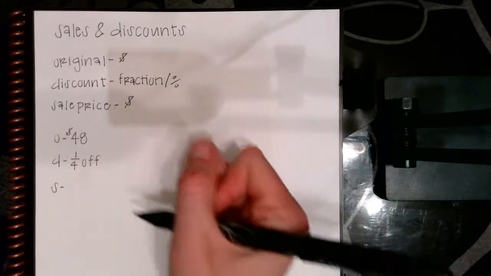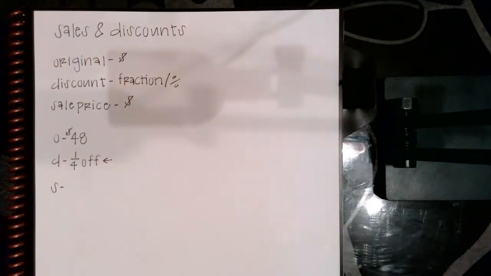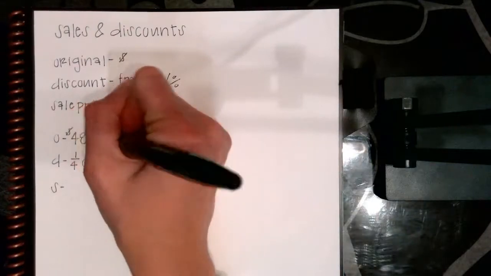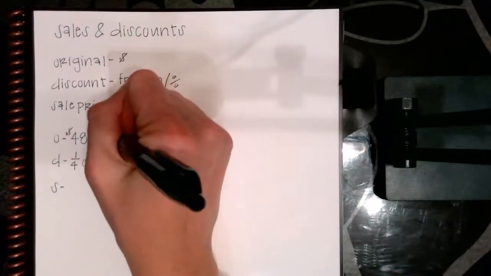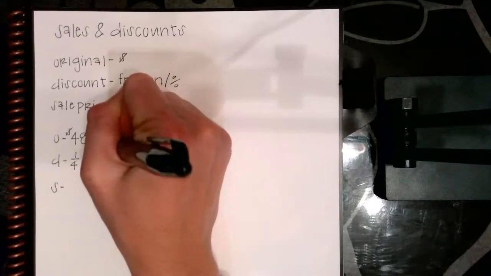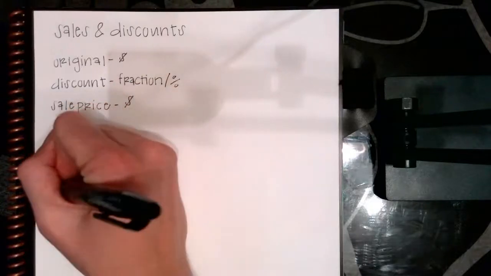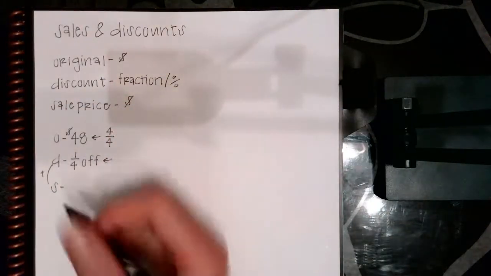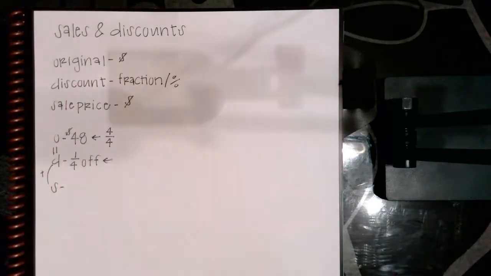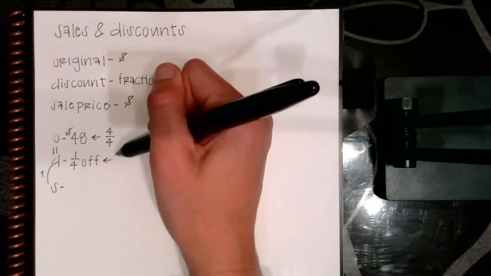And I know because this discount, or how much you get off, is 1/4, and the original has to be the whole, so it's going to be 4/4. I know that this sale plus the discount has to equal the original fraction and price.